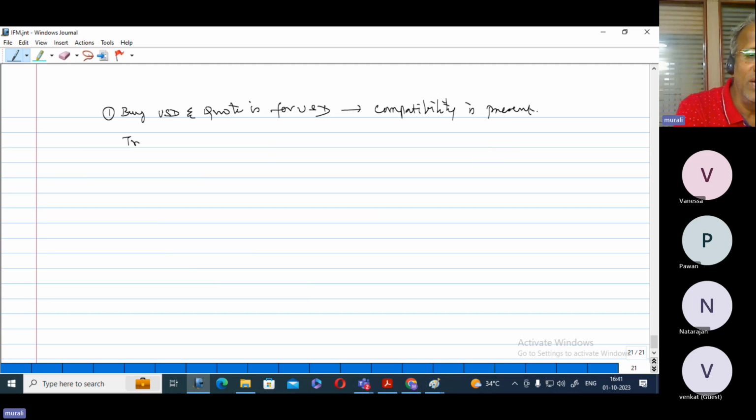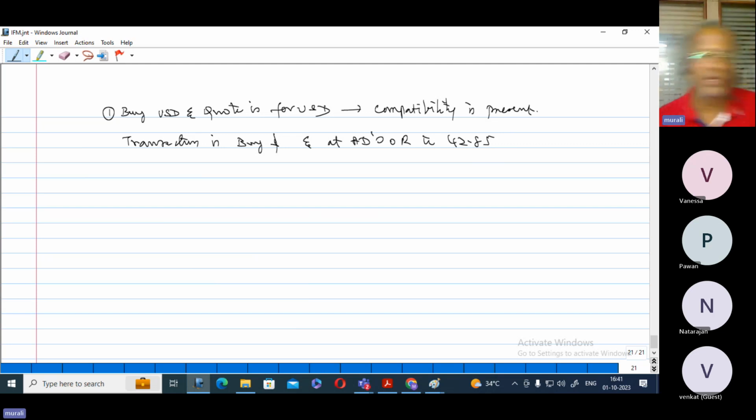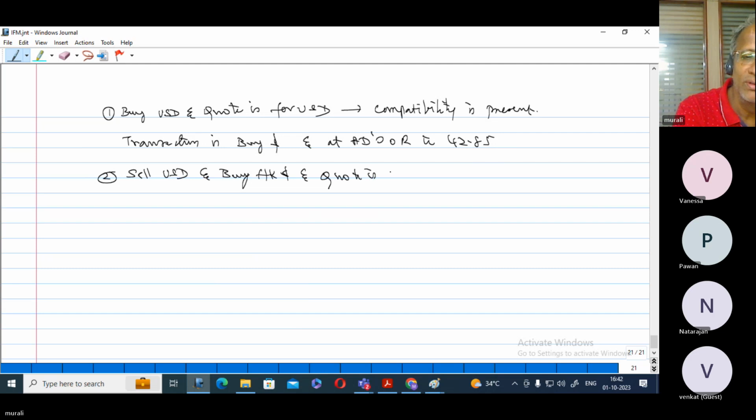So the transaction is buy dollar and at the authorized dealer's offer rate. That is 42.85. Correct? This is the way you have to write. Second one, sell US dollar and buy HK dollar, and the quote is for USD.